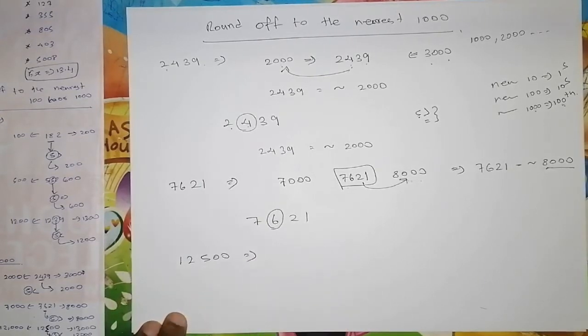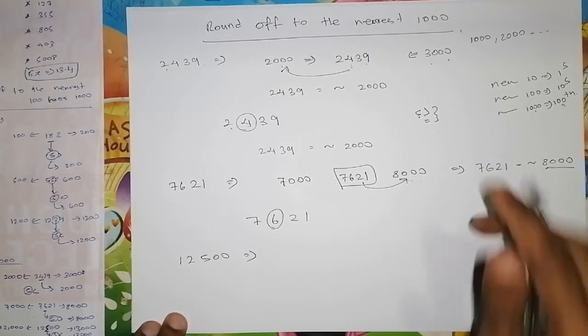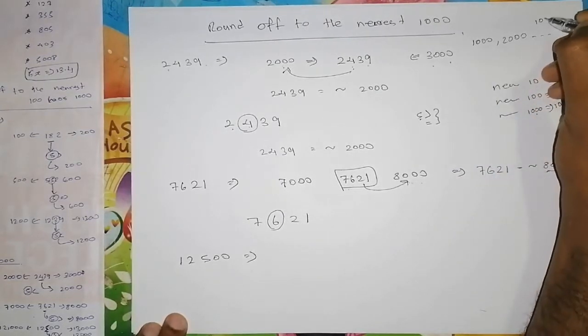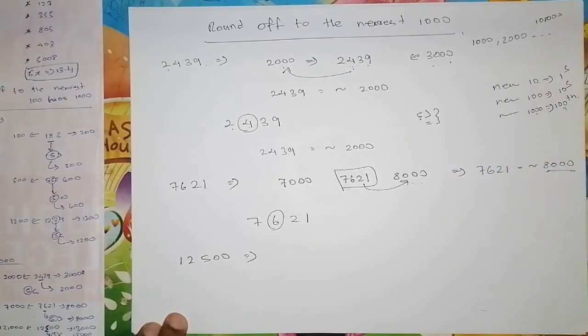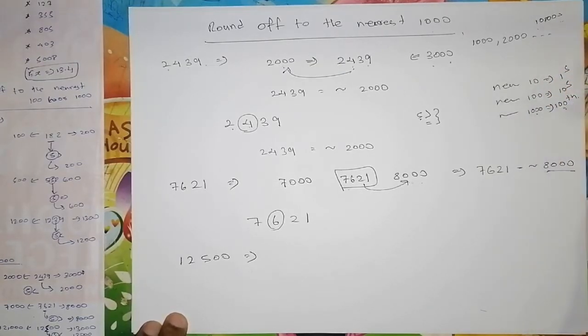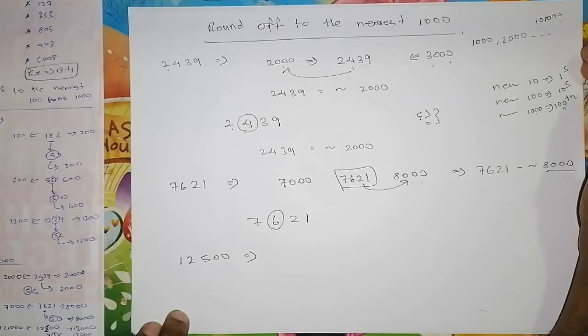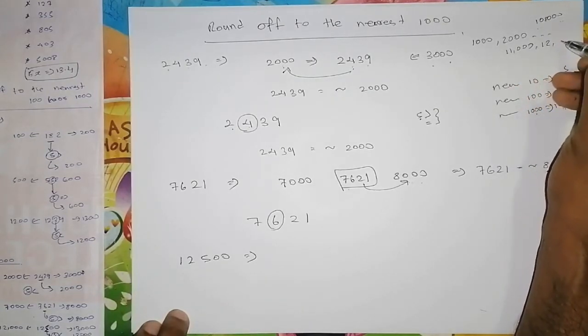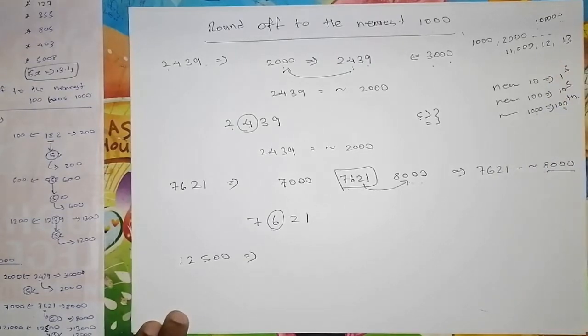12,500. We discussed 1000, 2000, and we can go on to 9,000, then 10,000. After 10,000, what is the next thousand? That is 11,000, then 12,000, then 13,000, and it goes on to 20,000.